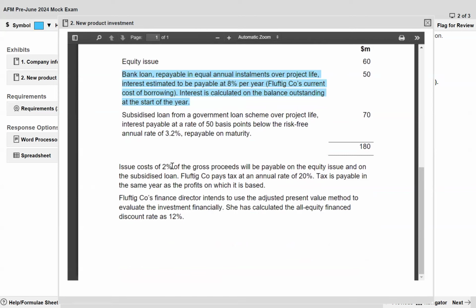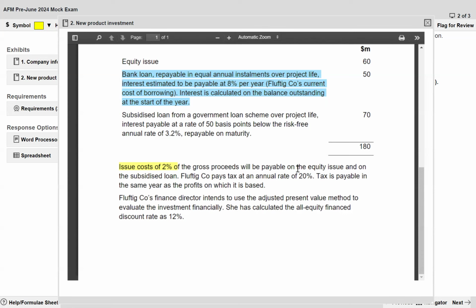Then there are also issue costs of 2% of the gross proceeds, to be paid on the equity issue and on the subsidized loan.